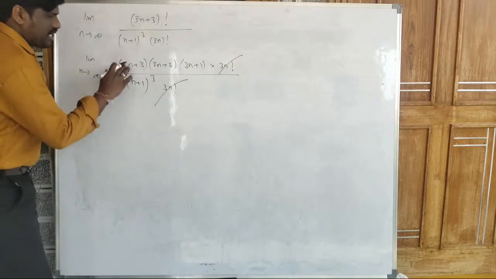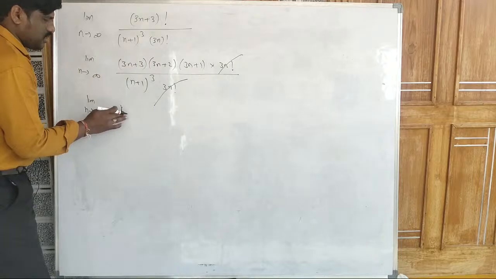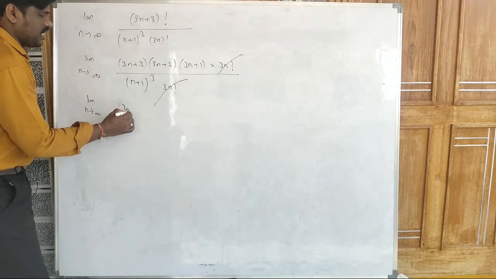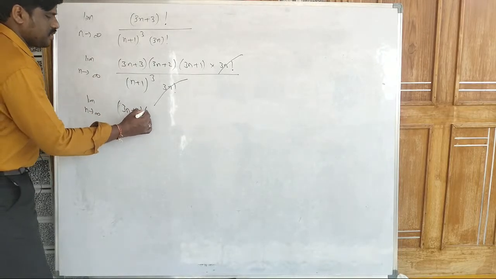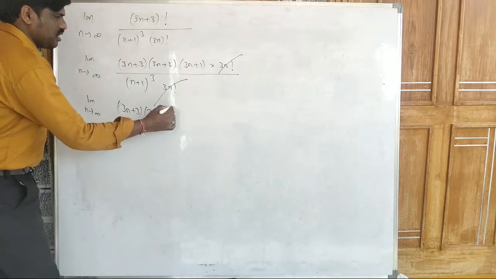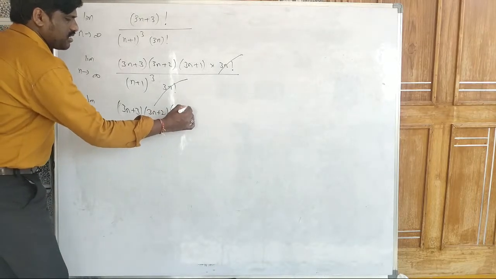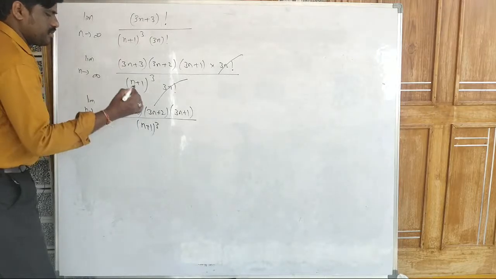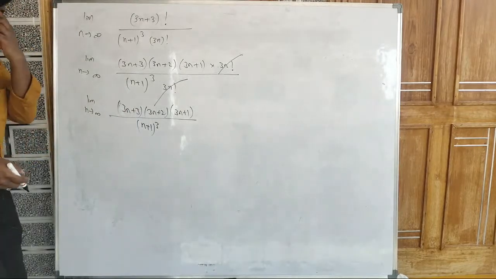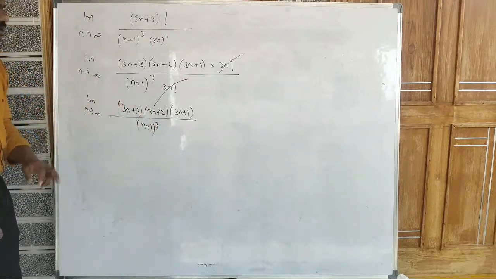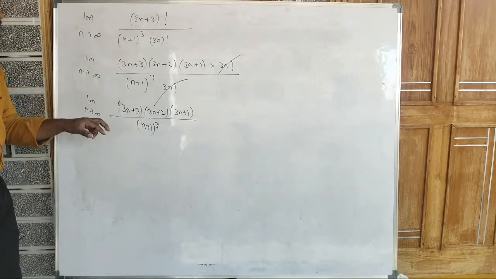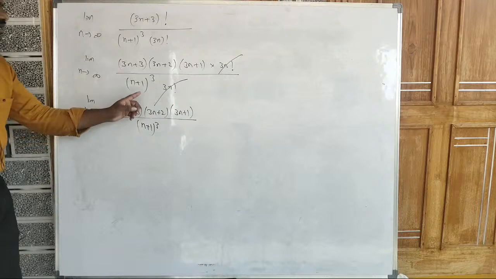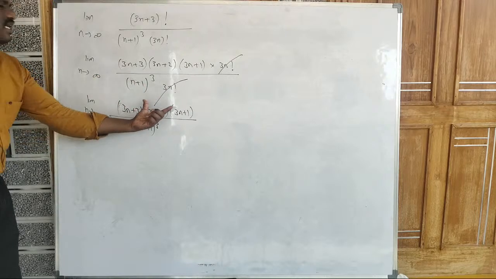So now what remains here? What remains is 3n plus 3 into 3n plus 2 into 3n plus 1 divided by n plus 1 whole cube. Now check the highest degree. If I multiply the numerator, I get n cube, n into n square, a cubic.